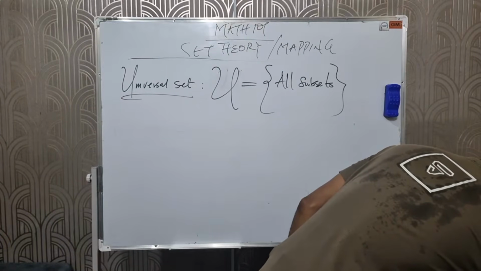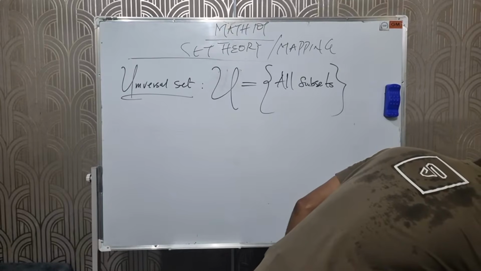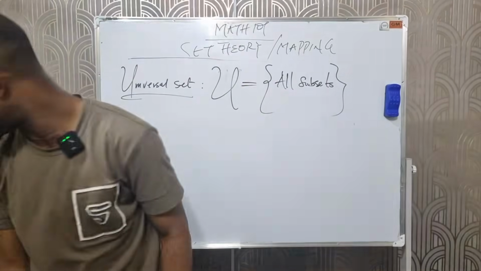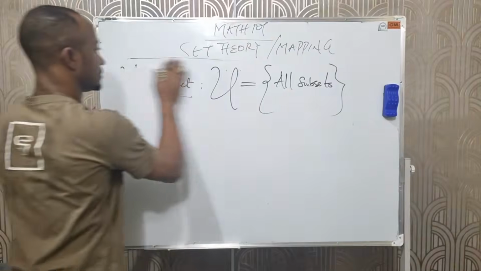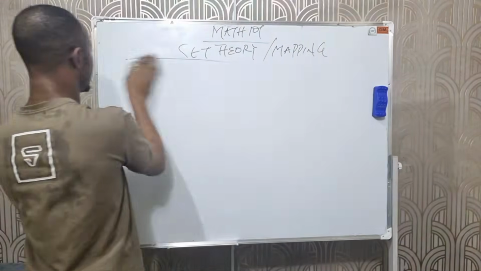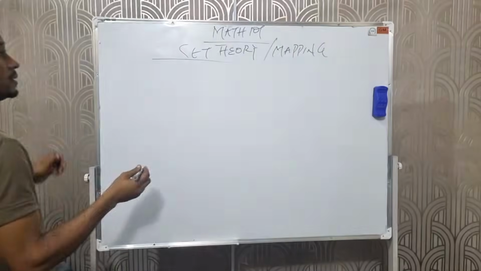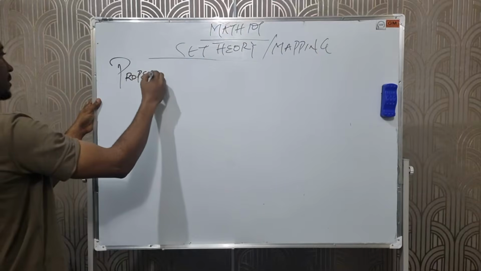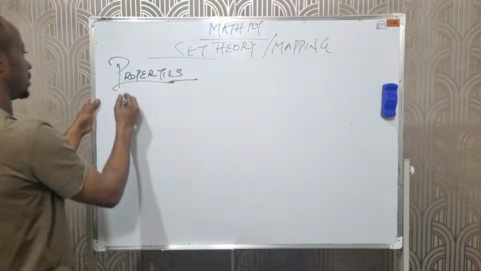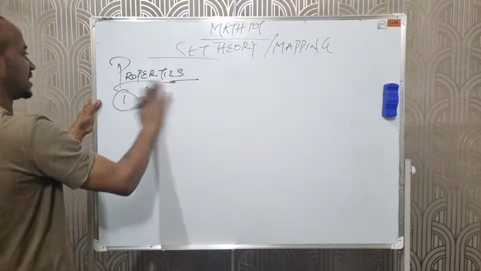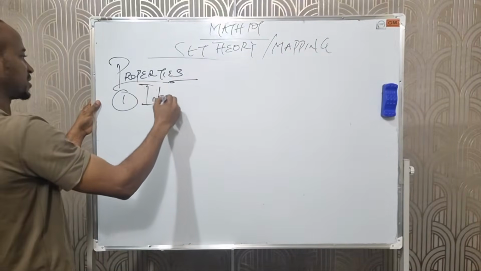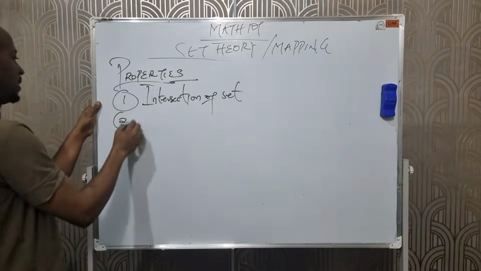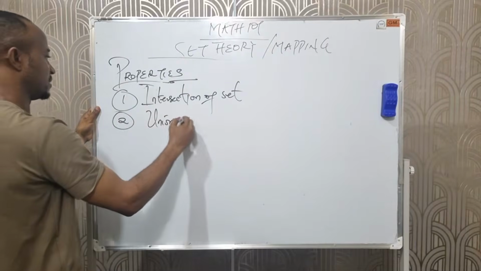What are the properties of sets? Number one, we have intersection of sets. Number two, we have union of sets.